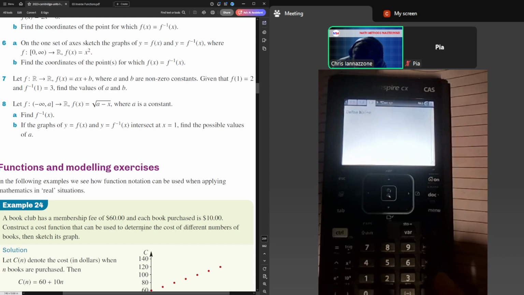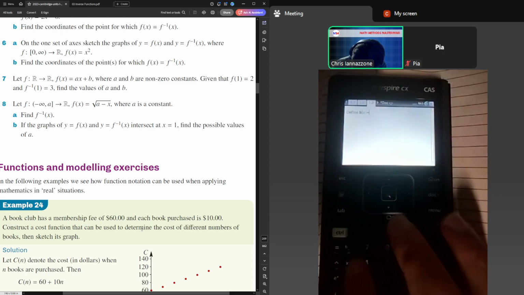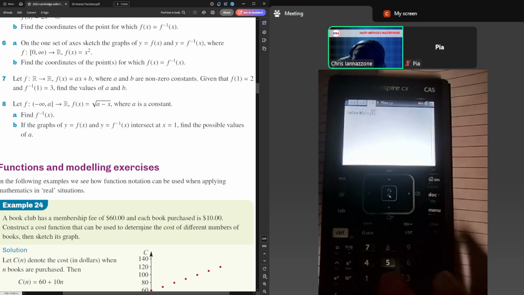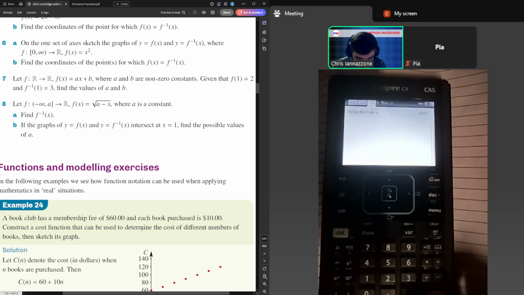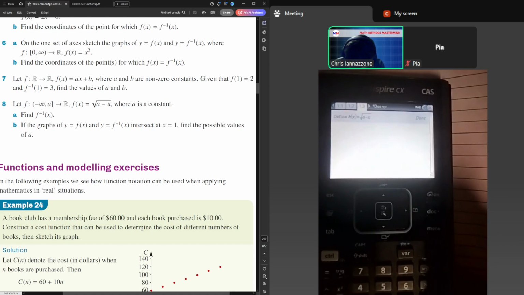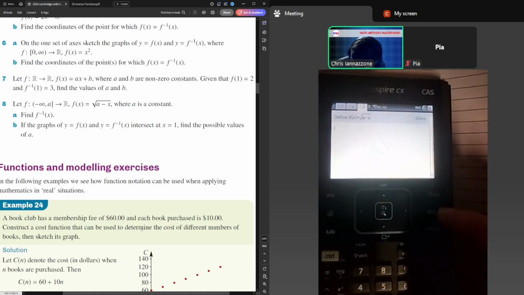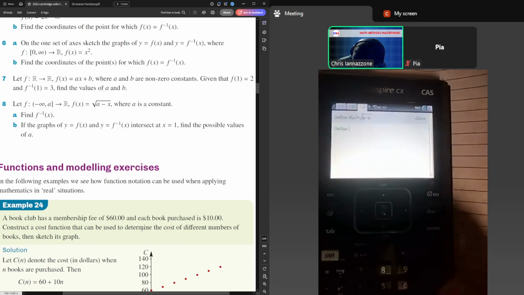So we can have our square root of a minus x. That's the first function. Then we've got the second function, which is, trying to think if I bother putting a domain on it now. Nah, maybe later.